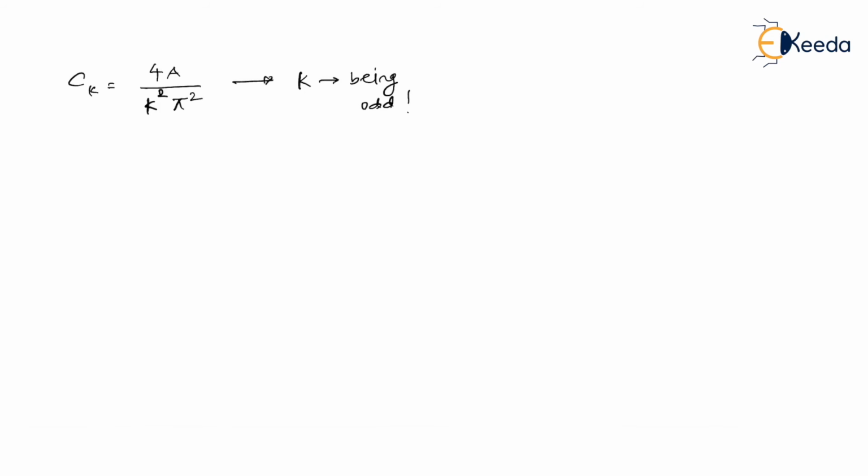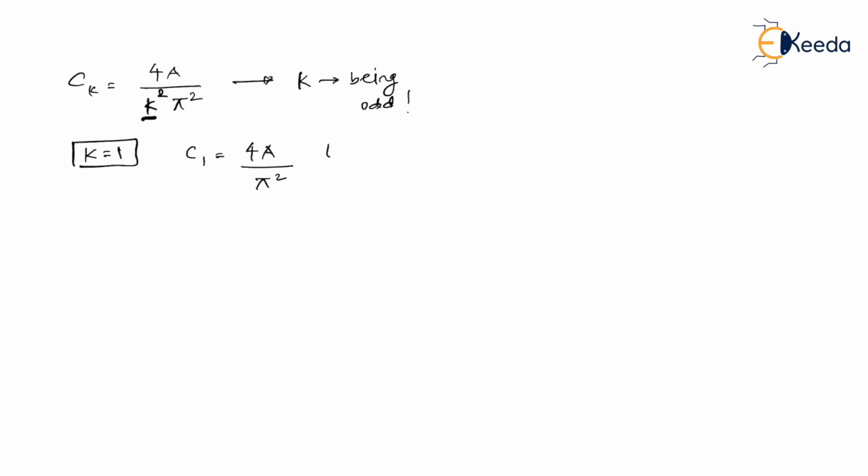So from here, now I can get values of ck for every value of k. In fact, we have to calculate only for odd values of k. So let me substitute k equal to 1. I'll get c1 as 4a upon pi square. Since in the denominator we have k square, irrespective of whether you substitute k equal to 1 or k equal to minus 1, you're supposed to get the same value.